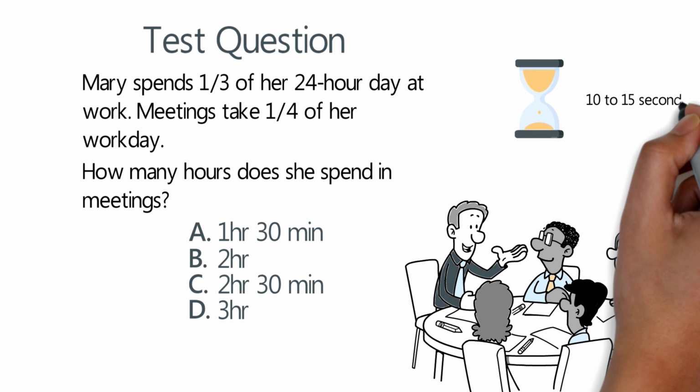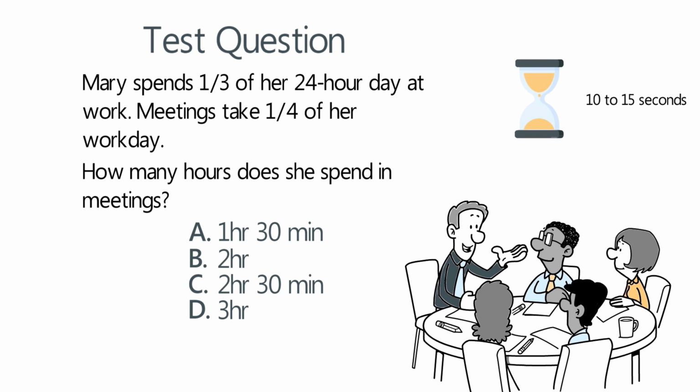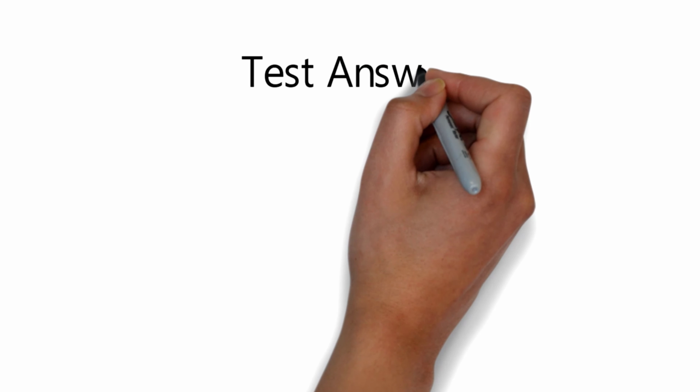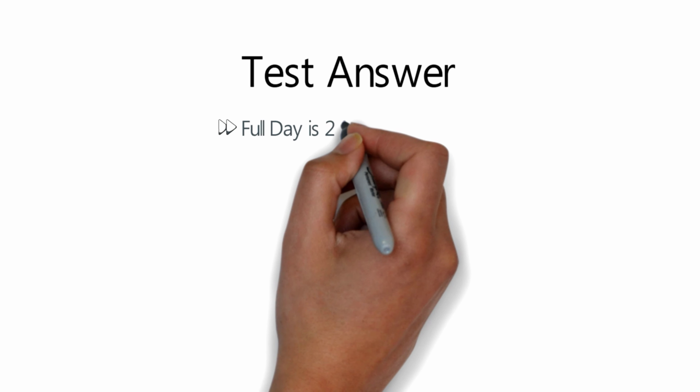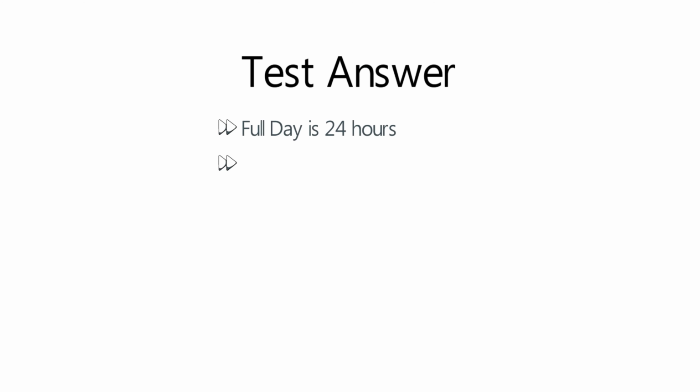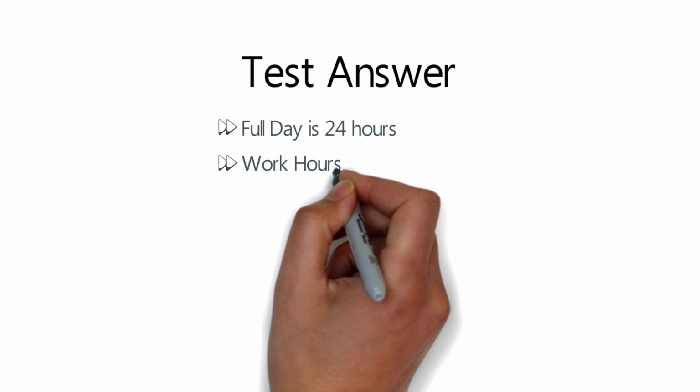Give yourself 10 to 15 seconds, maybe a bit longer, depending on how well you typically solve these types of problems. Ready or not, let's go ahead and solve this challenge together. As you might be well aware, a full day has 24 hours. Mary's working hours are very typical.